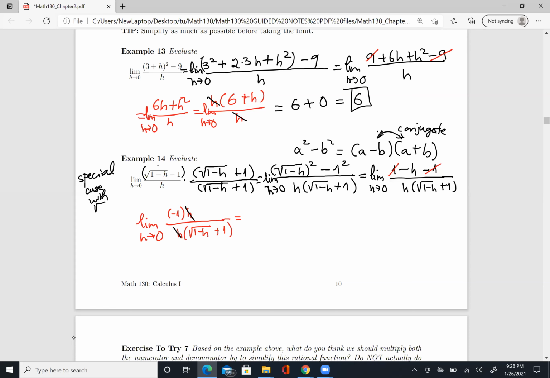So now I can just have negative 1 on the top, and the bottom will be the square root of 1 minus 0 plus 1. Now, simplifying, I have negative 1 on top, and the bottom is going to be the square root of 1 plus 1, which is equal to 2. That's going to be the answer.